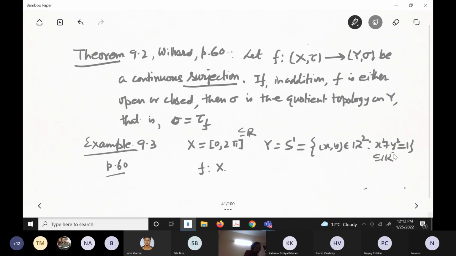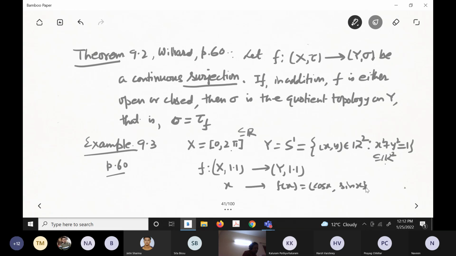So you take the relevant usual distance. f of x is the ordered pair cos x, sin x. Look, if you take 0 to 1, then you need to multiply by 2 pi: cos 2 pi x, sin 2 pi x. Okay.